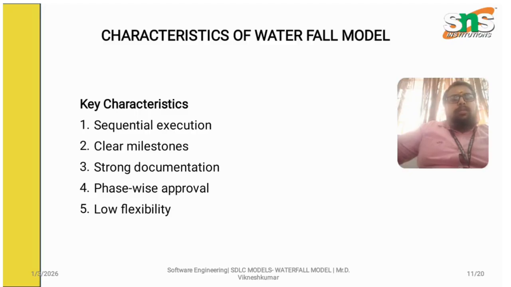The third is strong documentation. The fourth is phase-wise approval. And the fifth is low flexibility. So the key characteristics of the waterfall model are sequential execution, clear milestones, strong documentation, phase-wise approval, and low flexibility.